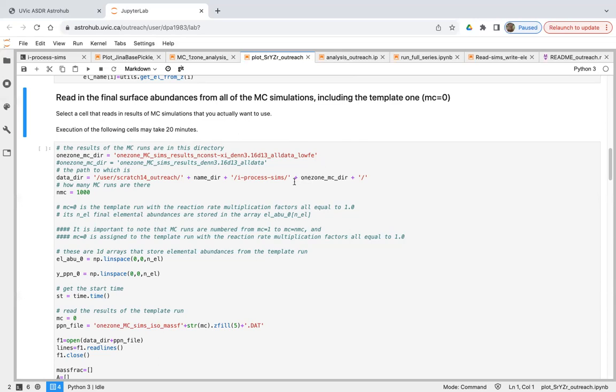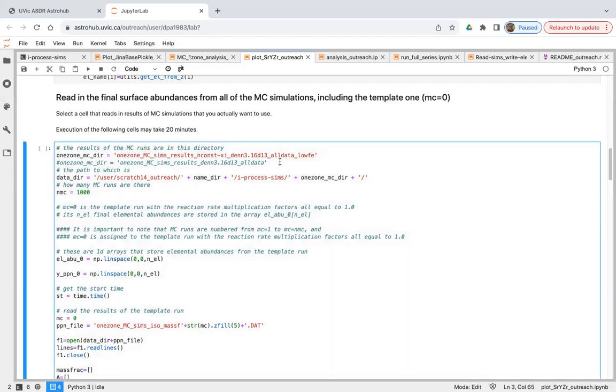All cells like this one that read results of Monte Carlo simulations usually take some time to execute, depending on the number of simulations. For 1,000, which is recommended just for learning and testing purposes, the execution time should be a few minutes. For 10,000 simulations, execution time can be up to half an hour.